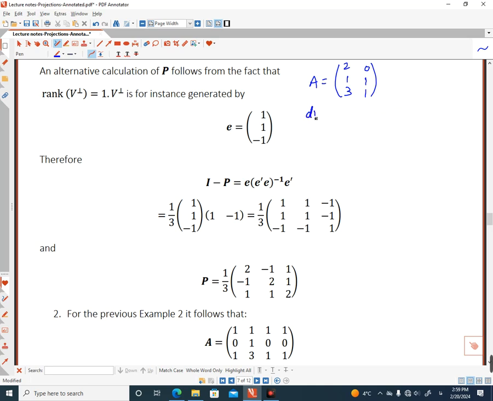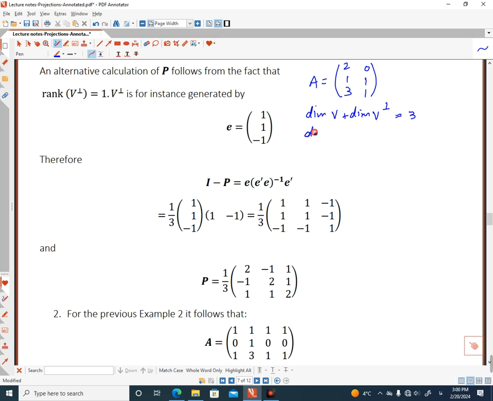So according to the note that we already had in the previous video, the dimension of the orthogonal space to V is equal to the number of rows minus the dimension of V. The number of rows is 3, if you remember from the note.